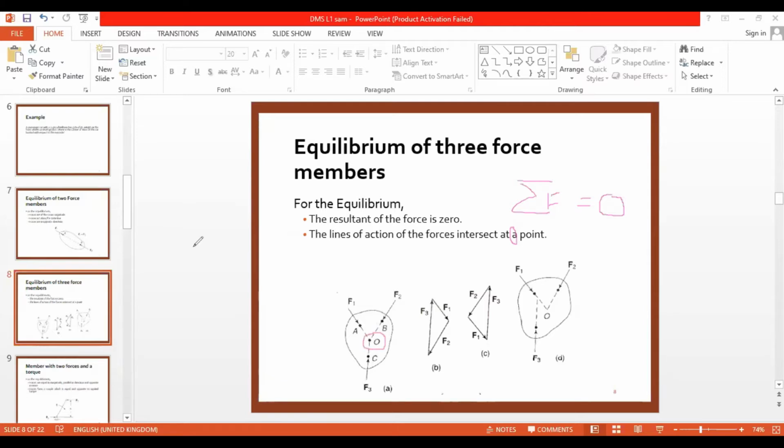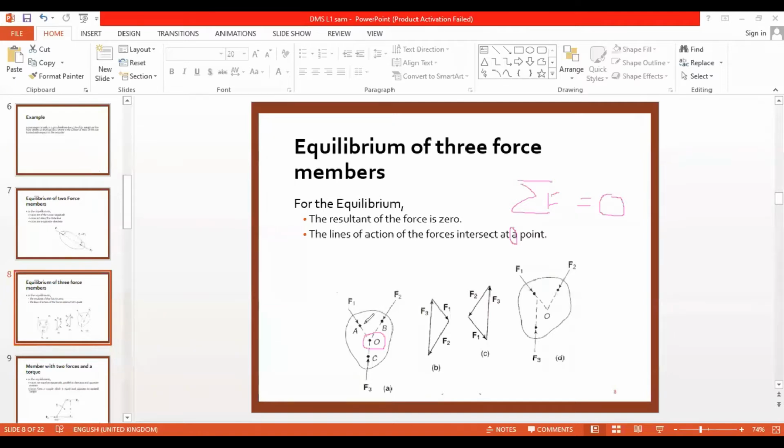In this case, if the resultant of the three forces is 0, the body will be in equilibrium. So sigma F should be 0, and all the lines of action should pass through one particular point.